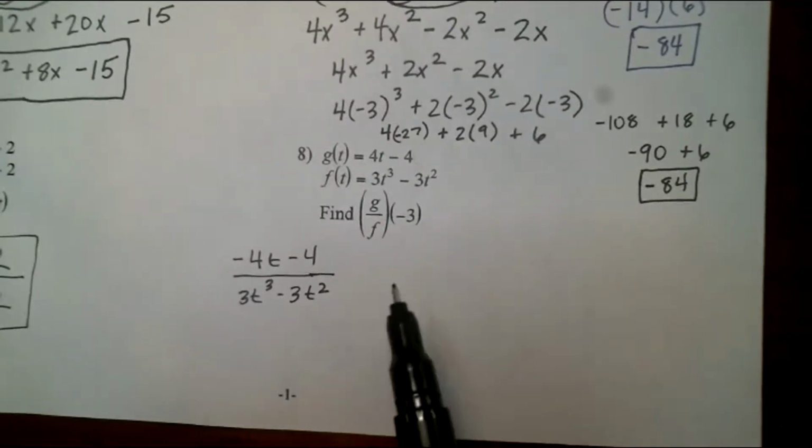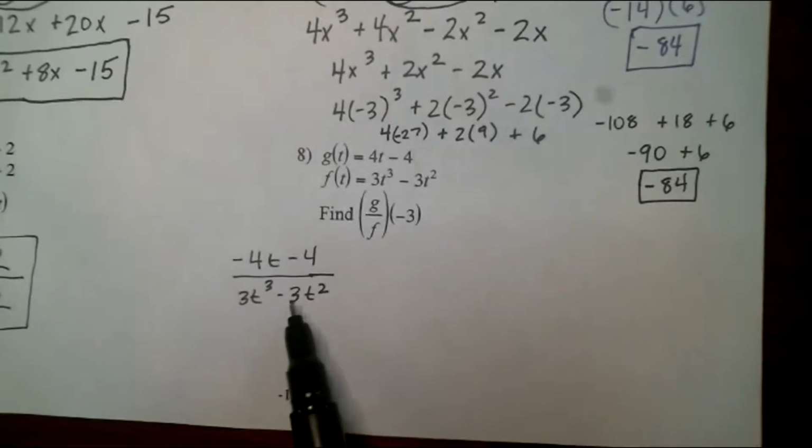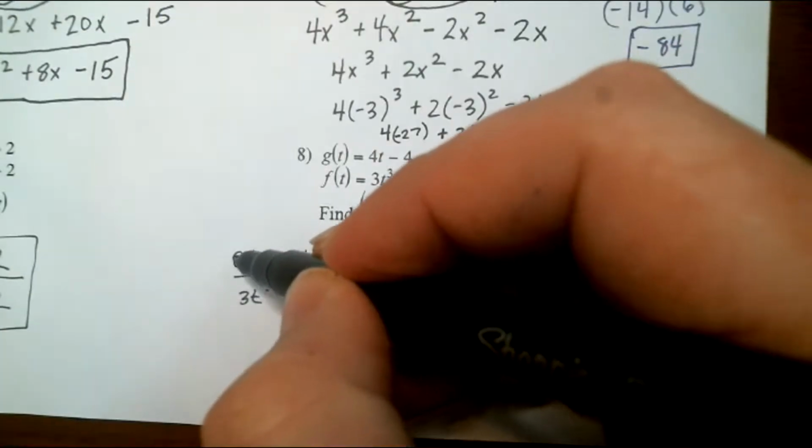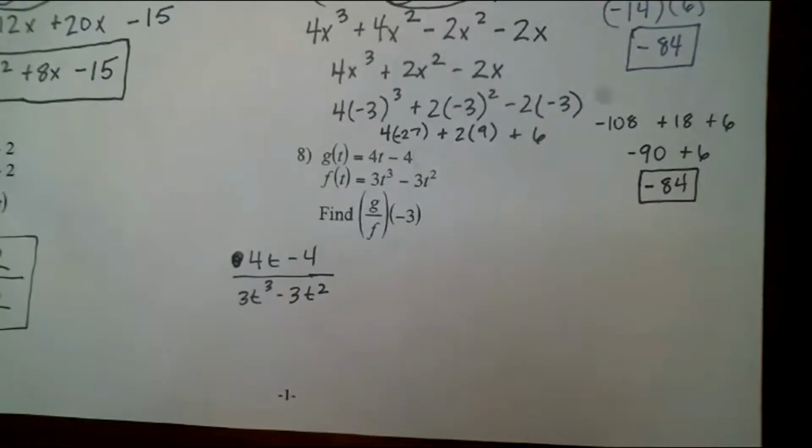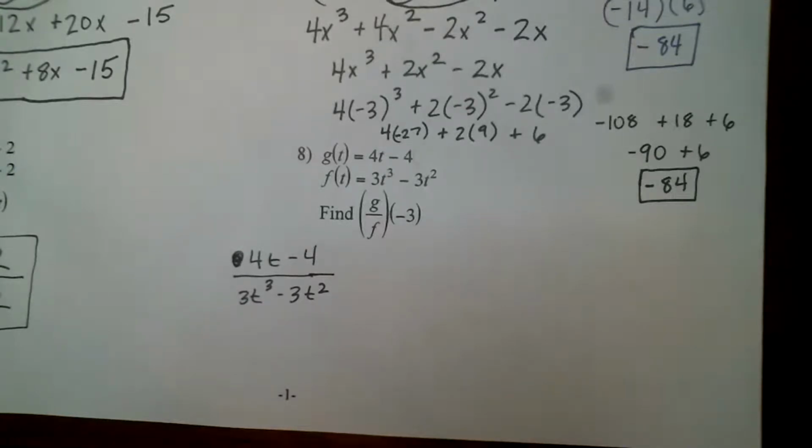We come to the question, do we plug negative 3 in now, or should we factor this and then plug it in? Elizabeth says plug it in. Maddie says plug it in. Plug it in, plug it in, plug it in. All right, so you are all saying plug it in.